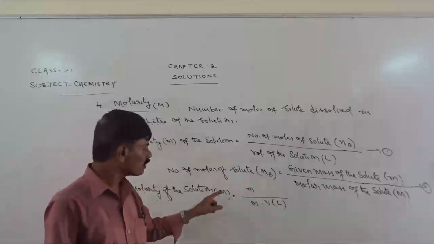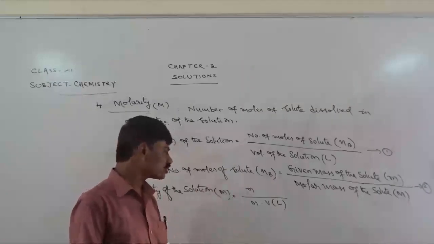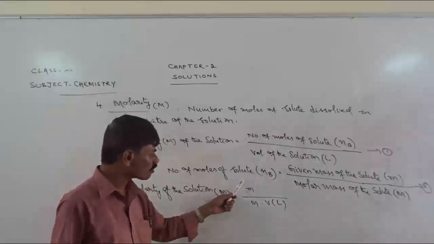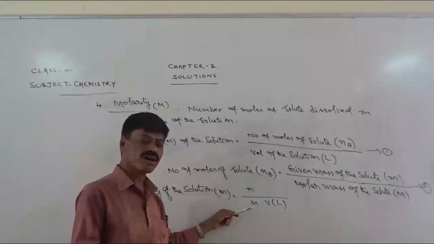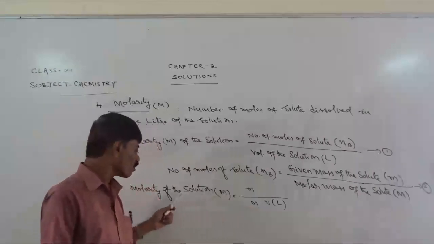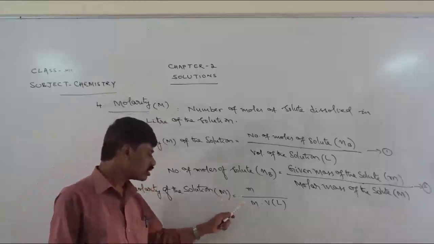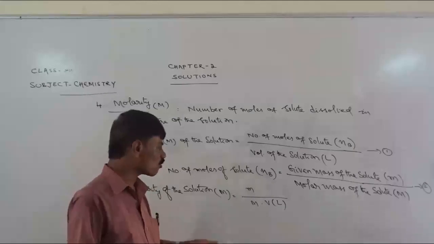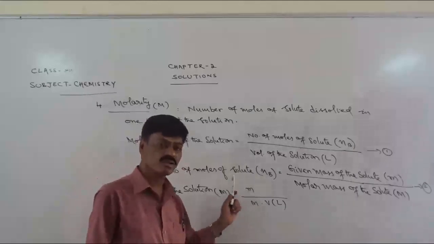Out of these three, if we know any two, the third unknown one can be calculated. Here in this formula, capital M in the denominator stands for molar mass of the substance. Molarity of the solution is also indicated by capital M. So these two letters are the same. To avoid confusion, in place of capital M we can use W also.